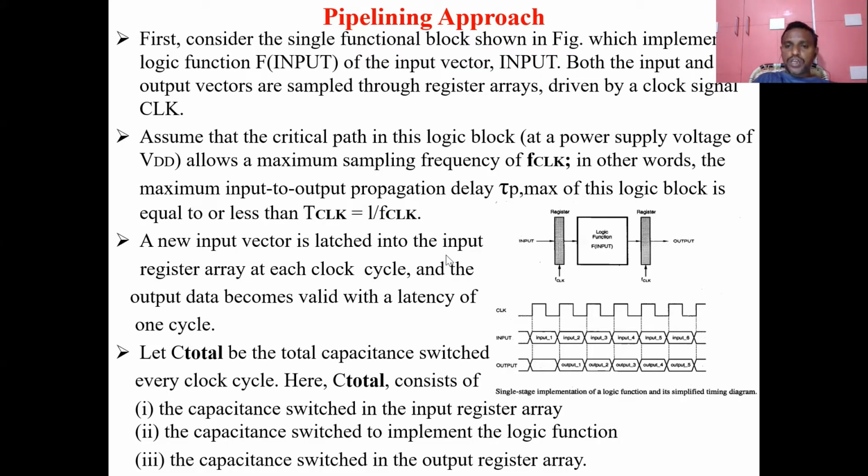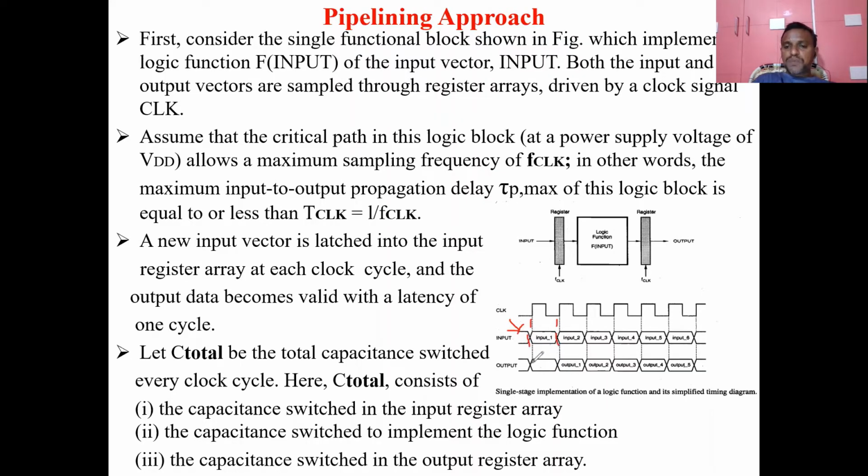Here you can observe clearly the first clock is from this point to this point. After applying the first clock, we will apply input 1 to the registers, or latch input 1 into the register. This part is nothing but the input.